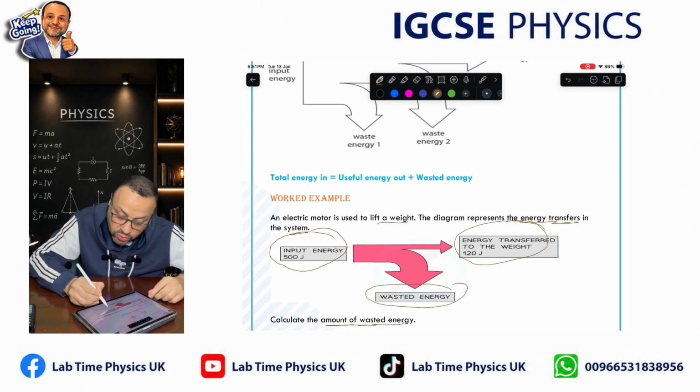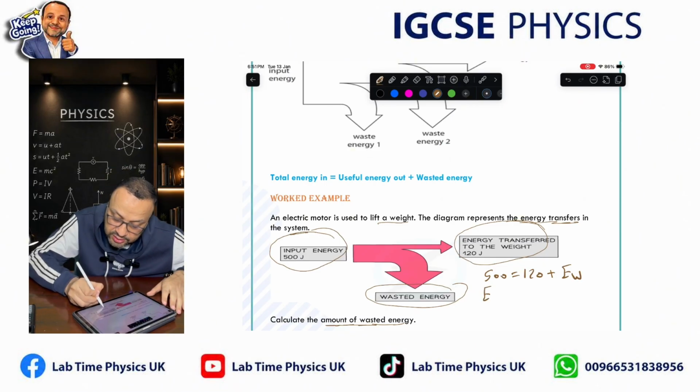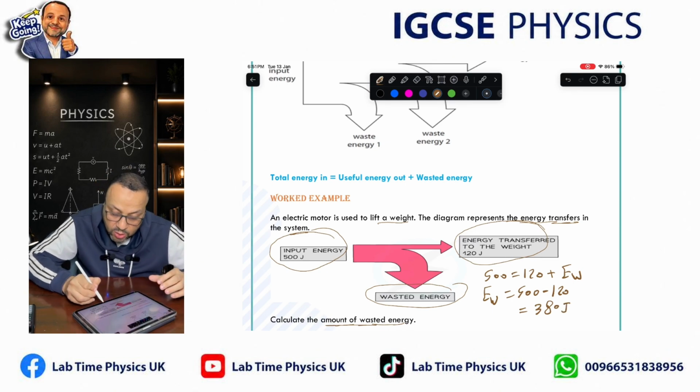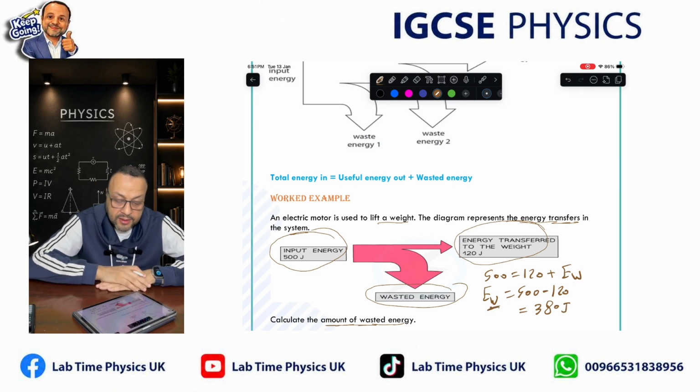As I said, 500 equals 120 plus wasted energy. So the wasted energy equals 500 minus 120, which equals 380 joules. This will be the wasted energy.